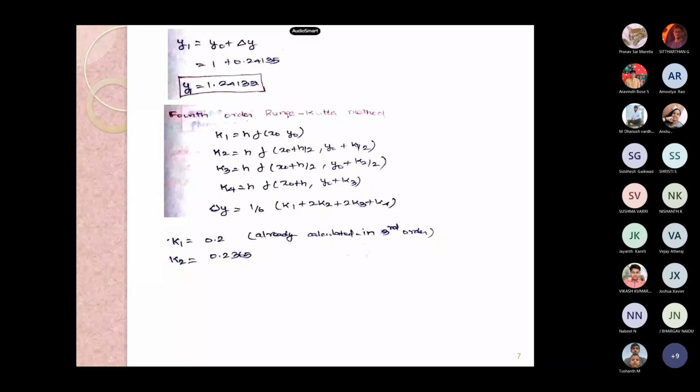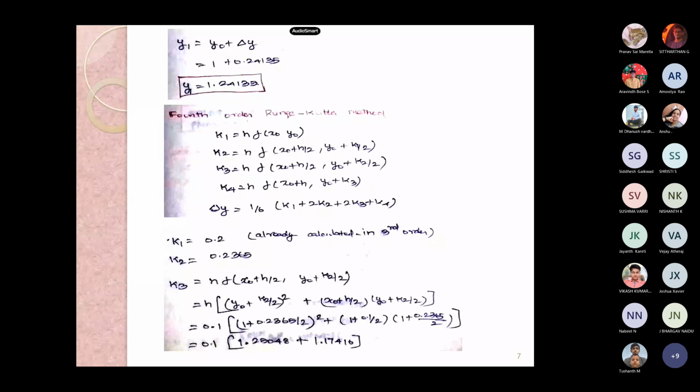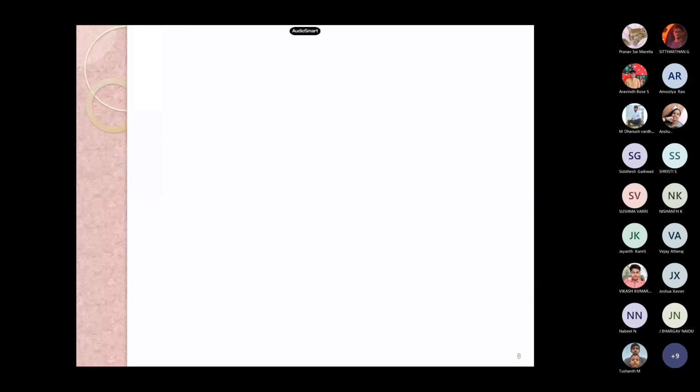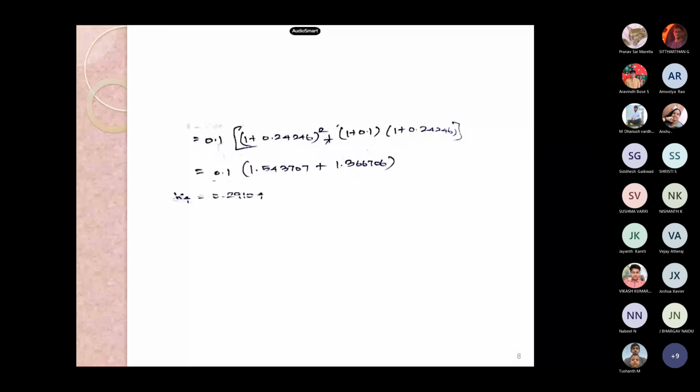We need to begin with K3. K3 is equal to h into f of x naught plus h by 2, comma y naught plus k2 by 2. So adjoin the respective h by 2 and k2 by 2. We will get 1.25048 plus 1.174116, and this is K4.